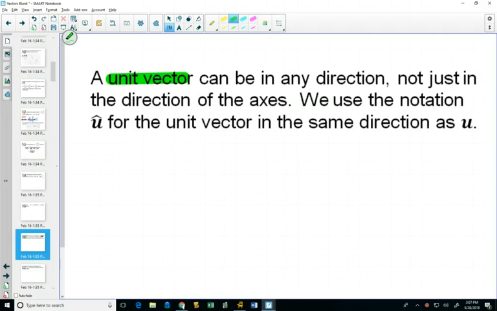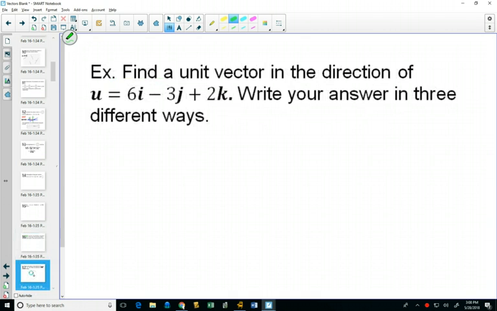The notation for any vector is you put a little hat over top of it. That will be your unit vector in the same direction as the vector u. So we have here our 6, -3, 2, and we want to find the unit vector.